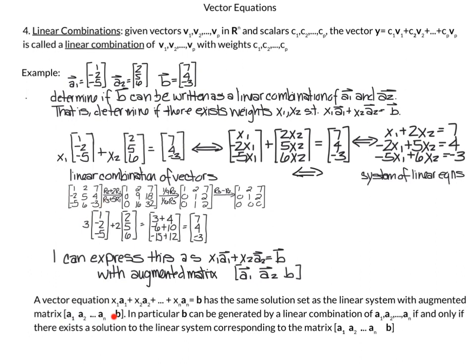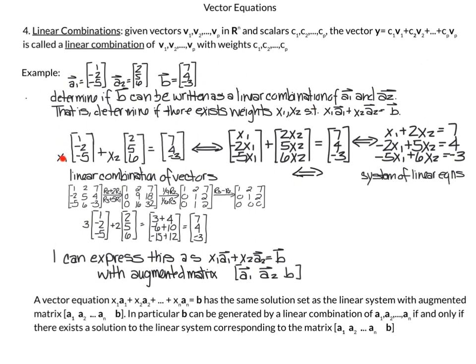This is my a1, my a2, and my b. Remember, we found the solution to this matrix to be 3 and 2, and that was the same as our linear combination. In particular, b can be generated by a linear combination of our vectors a1, a2, up to an, if and only if there exists a solution to the corresponding matrix. And that's exactly what we did in this problem.